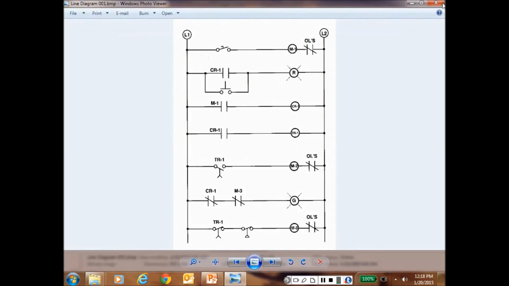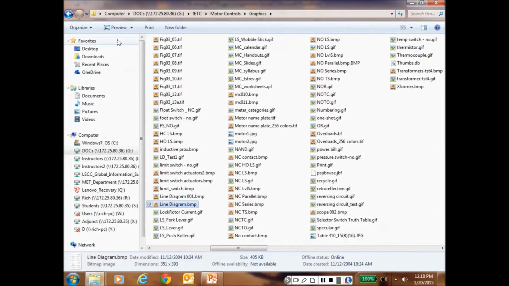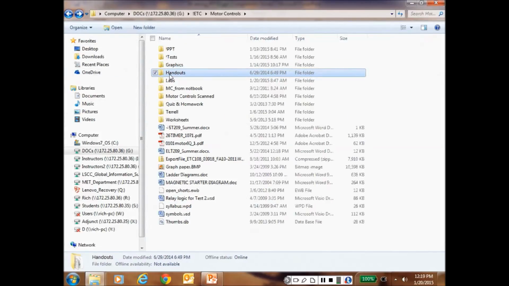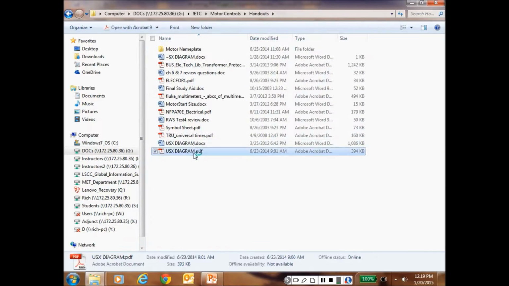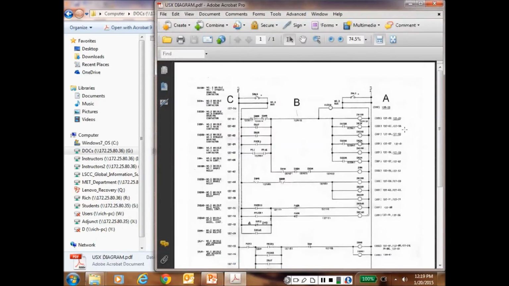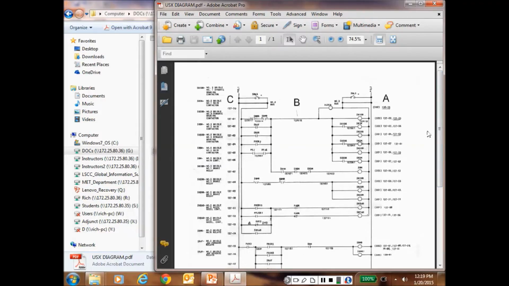Let me go to handouts. So this is one from US Steel. And you see all these numbers on the left of what they're calling PO1, PCO1. All these are line numbers.